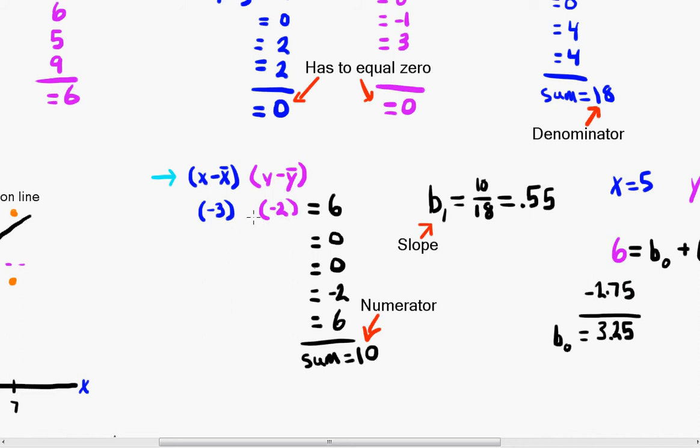And we're going to multiply these values, which equals 6. We're going to repeat this process, and then we are going to take the sum, which equals 10. And this is our numerator in order to solve for the slope. So it is 10 over 18. Once we solve for that, that's 0.55. And this is our slope value here.